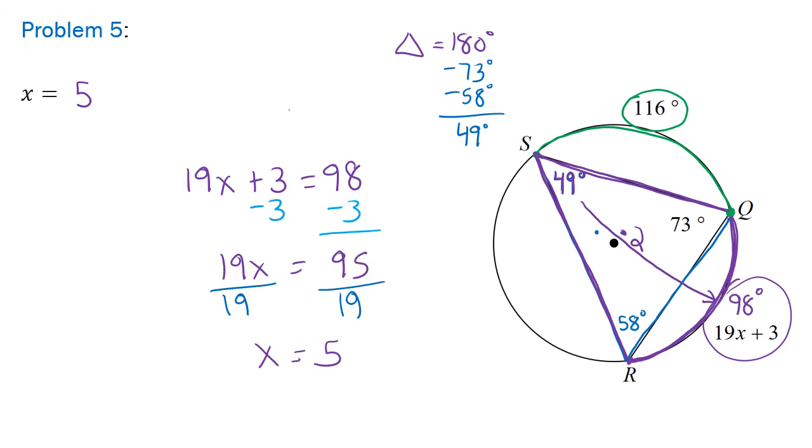Notice how we used the idea that we knew the arc was 116, and when we divided it by 2, we found its inscribed angle. We used the property of how many degrees in a triangle, which we have done all year long. Once we knew what angle S was, we used that property of inscribed angles once again to go ahead and say, okay, 49 times 2 gets us this arc, 98. Now that I know the degree of that arc and the expression for that arc, I can set them equal to each other, and I can solve.